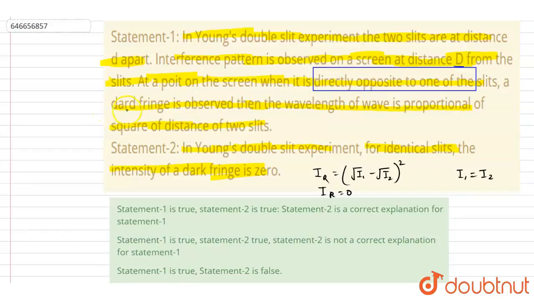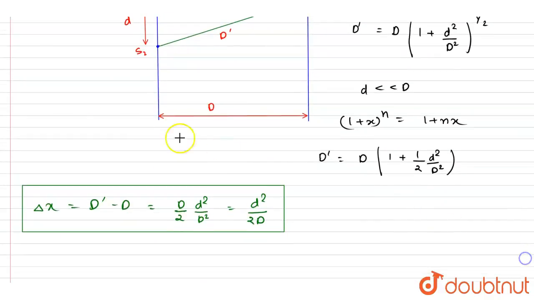And it is said that the dark fringe is observed when the wavelength of the wave is proportional to the square of the distance between the two slits. So the wavelength of the wave is proportional to, if you see, this path difference.